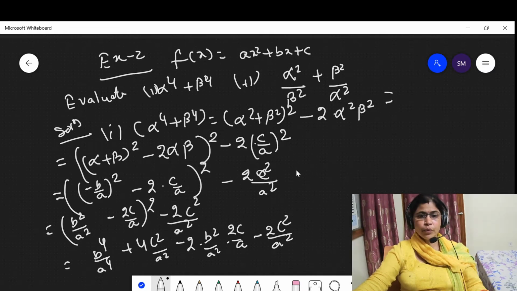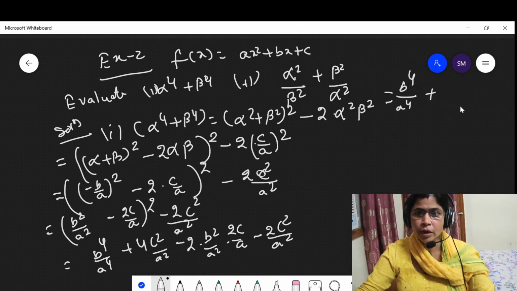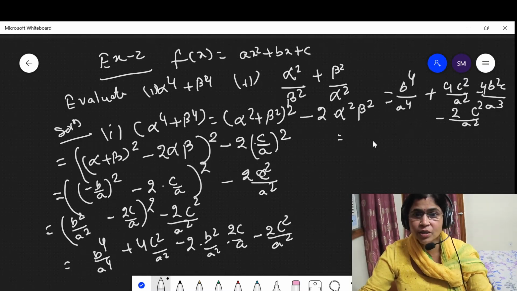Now continue from here. This is b fourth upon a fourth plus 4c square upon a square, then minus 4b square c upon a cube minus 2c square upon a square. Then from all these we can take a fourth as the LCM.